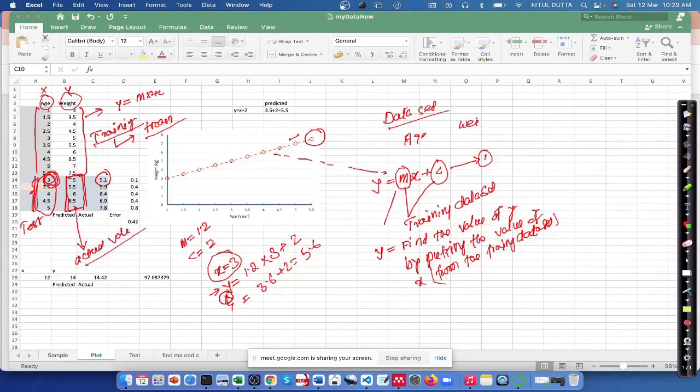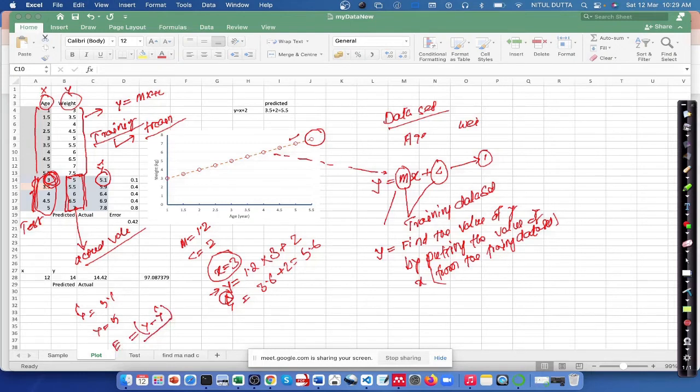Here this is the predicted value y hat. Y hat is equal to 5.1, but the actual value is equal to 5. So there is a difference between the actual value and the predicted value, and this is called the error.